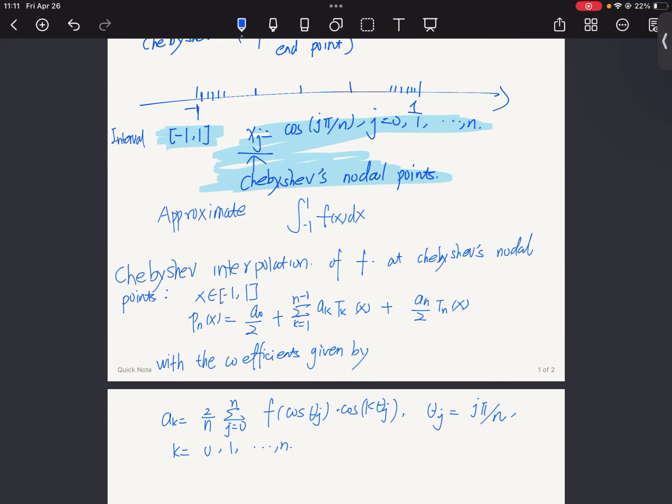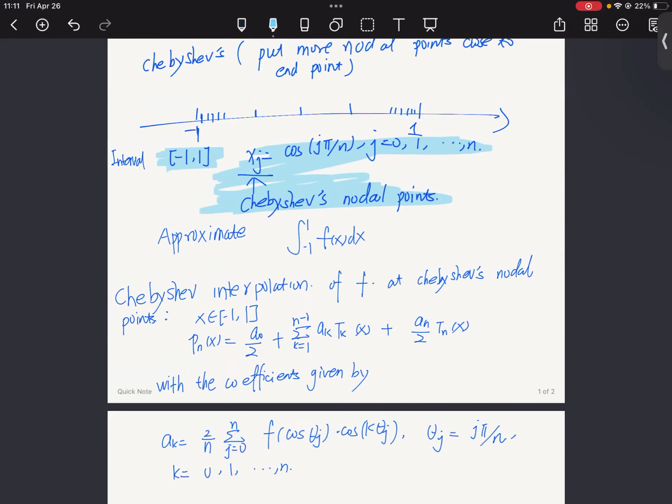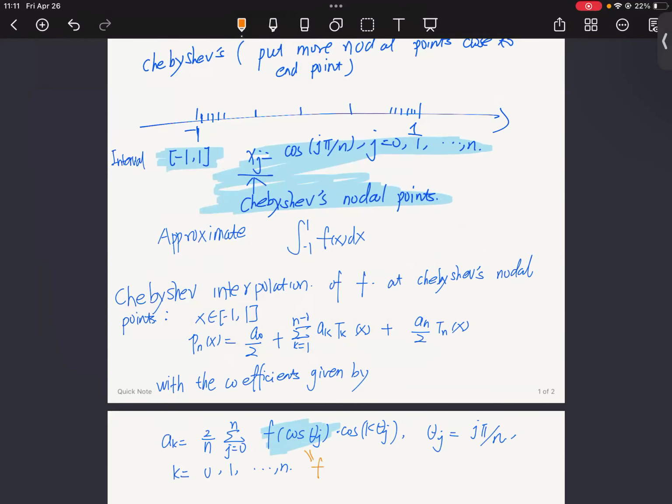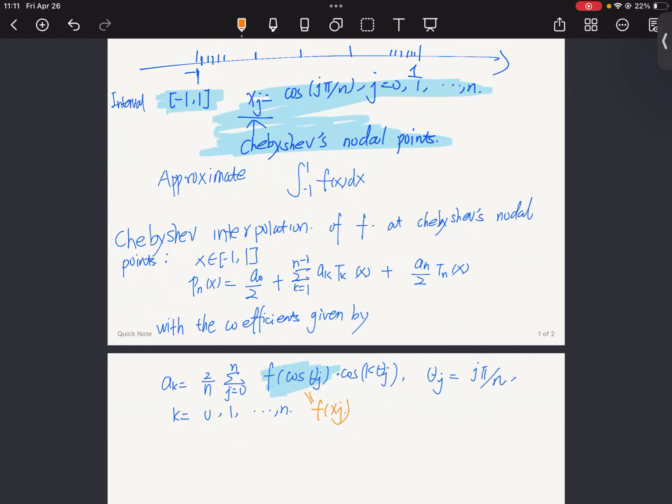This is how we calculate it, and this is actually f(x_j), the function evaluated at the nodes, but here we have the cosine k theta_j to multiply. This is something we have already learned in Math 104A.